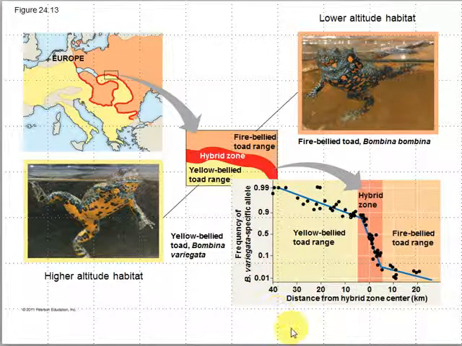You see how in the middle, in this hybrid zone, you have this decline. There's a particular allele that you find in the yellow-bellied toad, and if you go into the yellow-bellied toad range, you'll find that allele in almost all of them. If you go in the red-bellied toad range, you find that allele in almost none of them. But if you go in the middle, you get a middle answer because they are mixing the genetics.